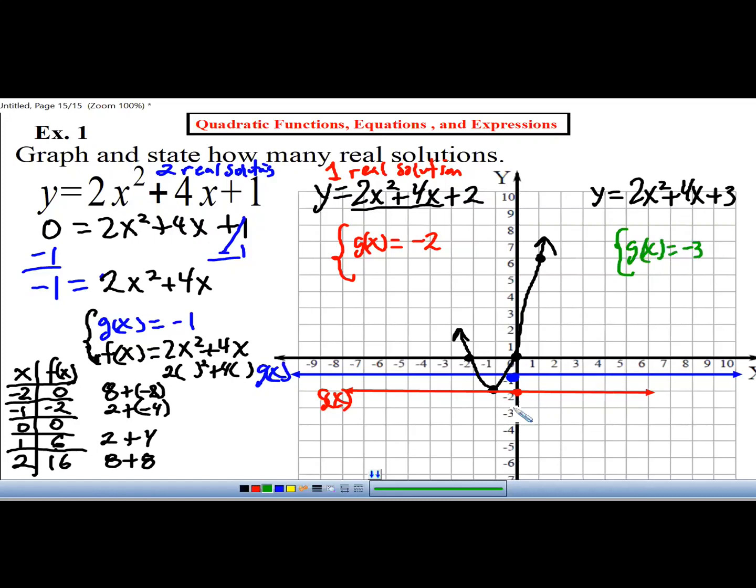So if I was to plot that here, graph my green line through there. Look at the black graph, which is the first two terms, 2x squared plus 4x, which is a parabola. And this one, I can tell you for sure, has no real solutions.